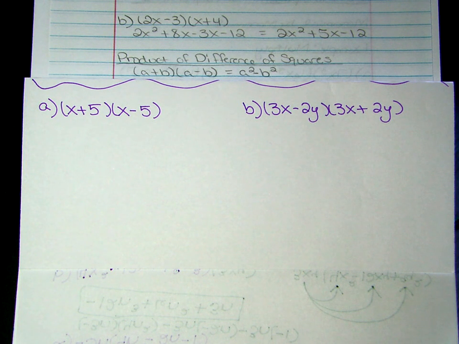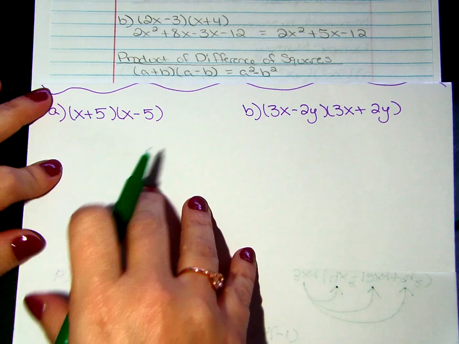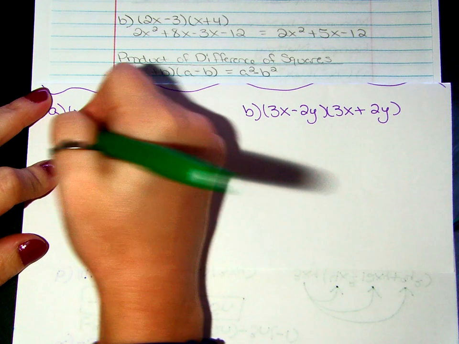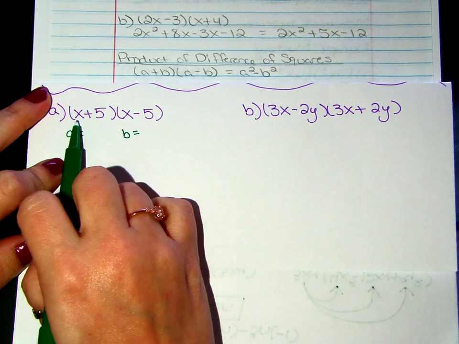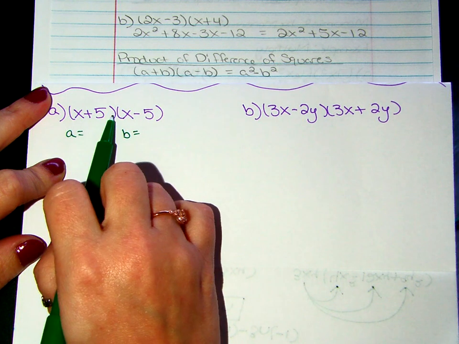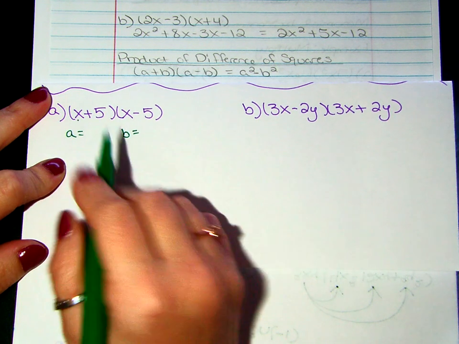So for A, we have x plus 5 in our first parenthesis and x minus 5 in our second parenthesis. So if I'm going to memorize the cheat for a difference of squares, then what I'm going to write down is, okay, what is my A term and what is my B term? Well, your A is whatever that first term is, because notice they're the same in both parentheses. So your A term is your x.